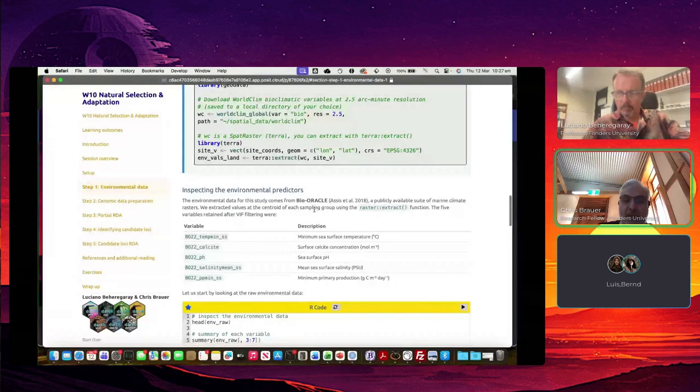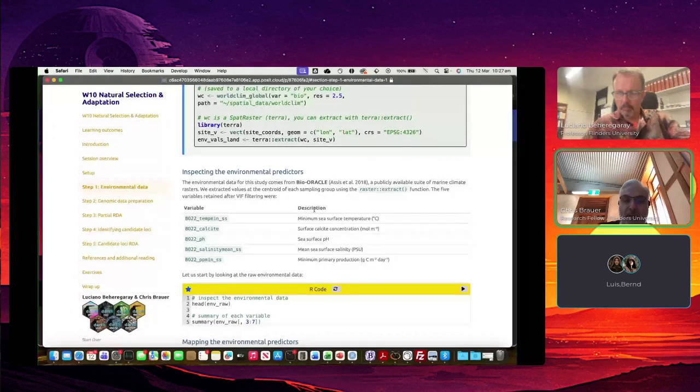But having done that, you've downloaded your environmental data. The first thing you want to do is try and get a bit of a feel for which environmental variables actually vary across my study system. Because if you choose something that has no variation across where your samples are from, then you're not going to find any signal with that variable, even if it might be important for the species.